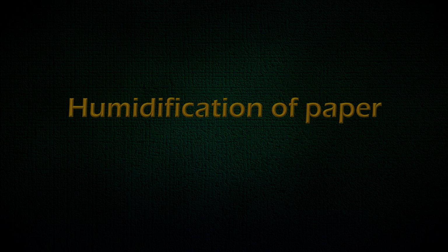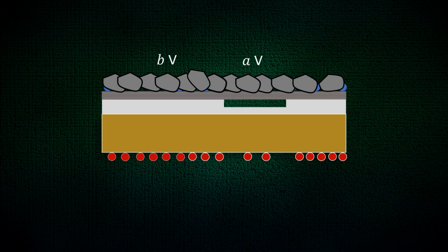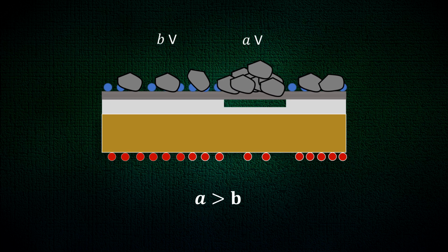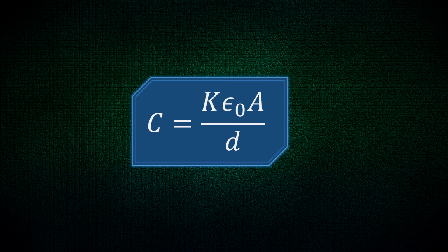Now let me remind you again, we need to generate a difference in potential of two areas. That's the destiny of whatever we are adding up in the operation of ESDA. So if we are able to create a larger difference in potential, our results will automatically improve. So let's analyze our formula of capacitance and let's see how we can play with it.